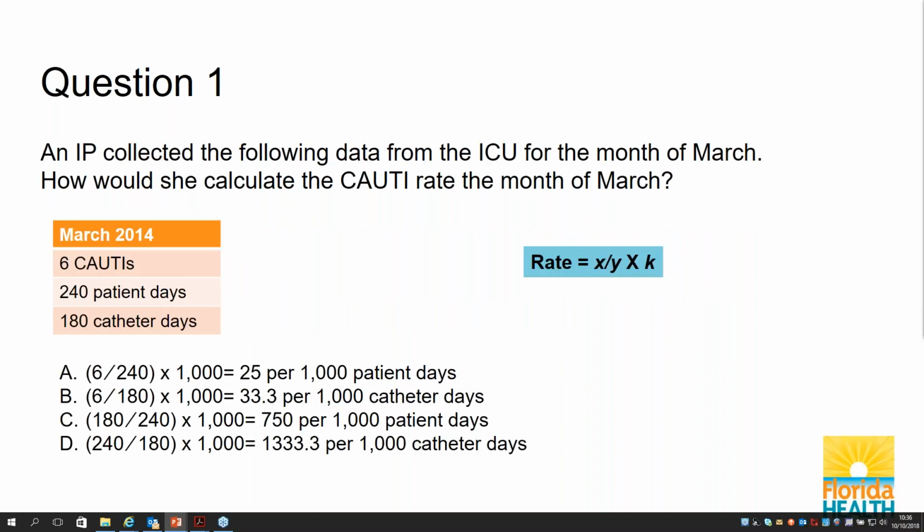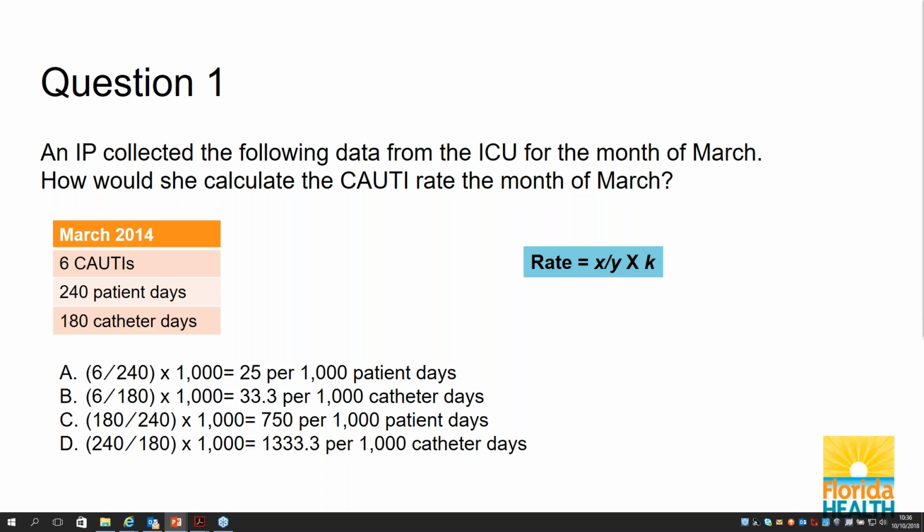Okay, so question 1. An IP collected the following data from the ICU for the month of March. How would she calculate the CAUTI rate for the month of March? And we're going to use rate equals x divided by y times k. So we need to know what x is, right? The numerator is going to equal the number of times the event occurred, like the infection or event has occurred.